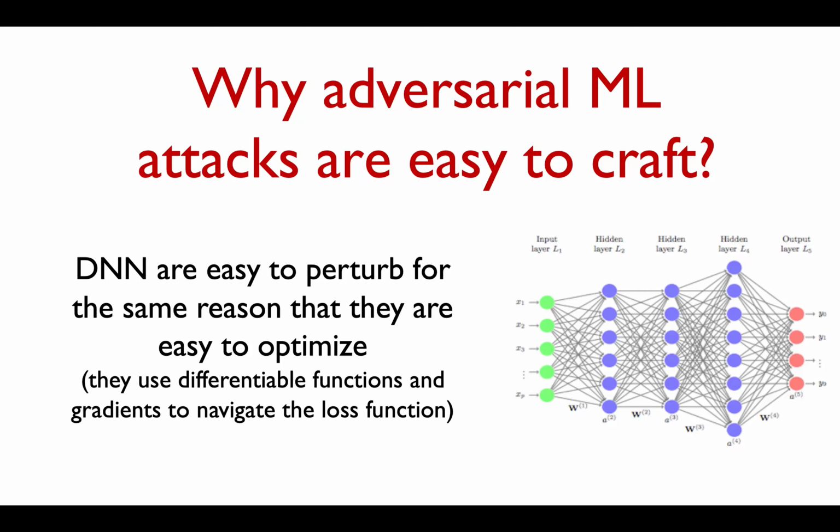Because deep neural networks are typically easy to train, it is also easy to create adversarial examples for them. These deep neural networks typically make use of differentiable functions, and they make use of gradients to navigate the loss function. We are still navigating the loss function, but now instead of minimizing, we are maximizing the loss. And also, we are not changing the weights of the parameters. We will keep the parameters as they are. We will just be changing the input image, the pixels of the image.